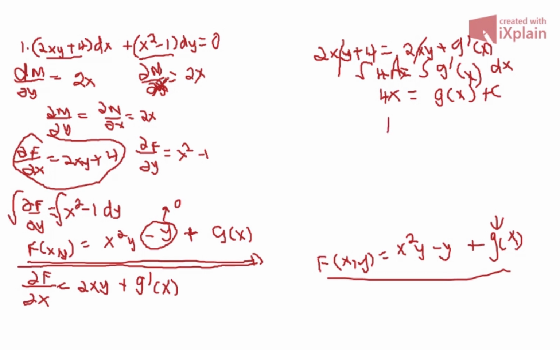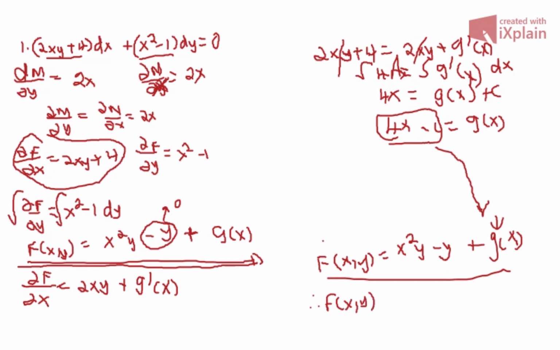So you can just say 4x plus c is equals to g of x. This part is the one that represents g. So the final answer will be f of xy is equals to x squared y minus y plus 4x plus c. This will be our final answer.